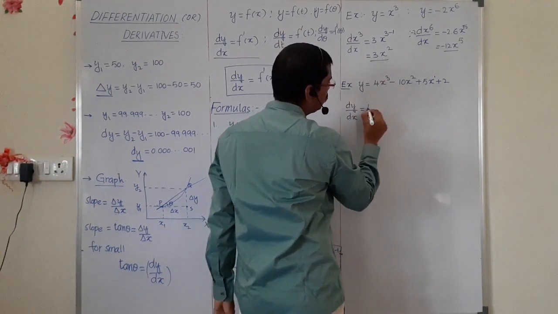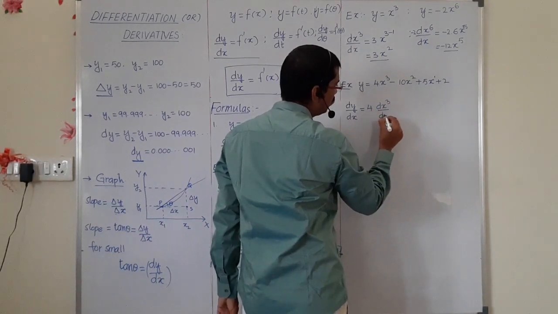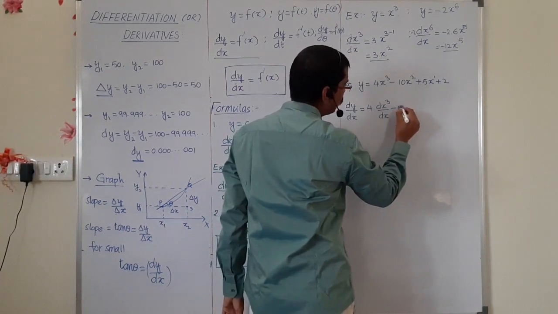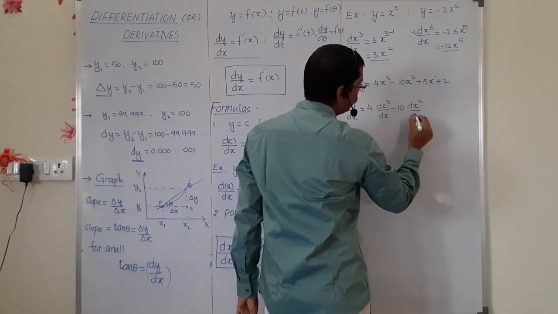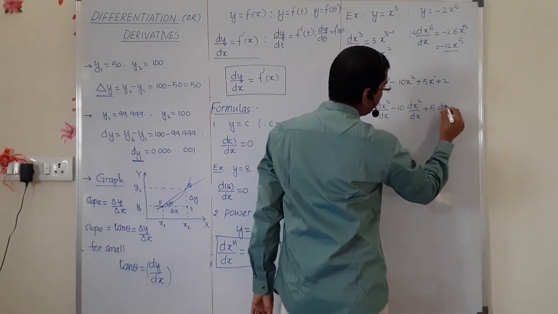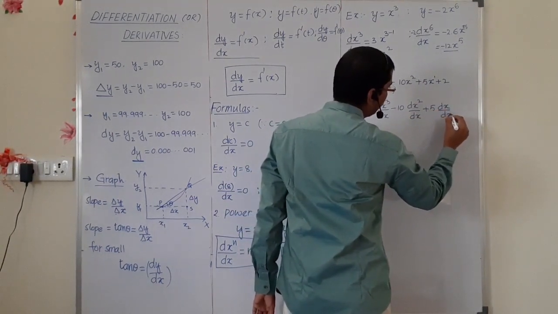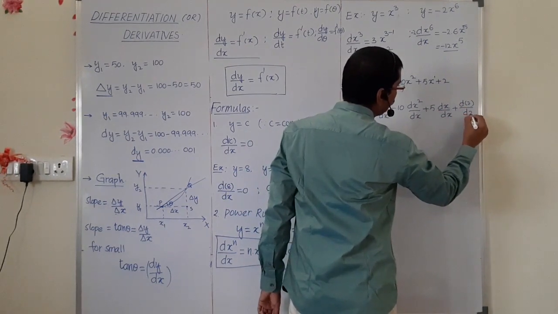Here the 4 is a constant, 4 dx to the power of 3 upon dx. Minus 10 is a constant, and dx to the power of 2 upon dx. Plus 5 is a constant, and dx upon dx.